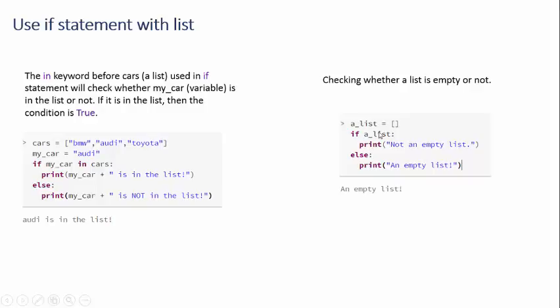Then it's going to print the second block, that is, an empty list will be printed. So remember, if a list is empty, when we call the if statement here, then it's going to be false. If it's not empty, then it's going to be true. So that is how the if statement can be used with a list.